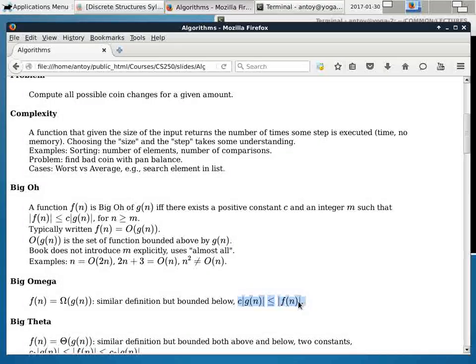I do away with absolute values because that n, I can always take at least 0. This has to be less than or equal to n squared for n greater than M, and let me put here greater than or equal to 0. I have to put this one because I do away with the absolute value. So what do I have to find? I have to find the value of this C and the value of this M.